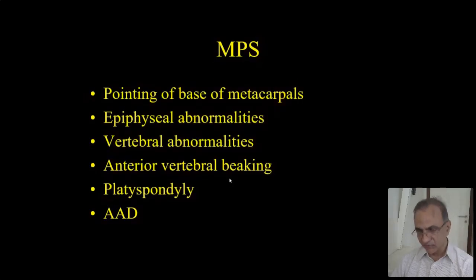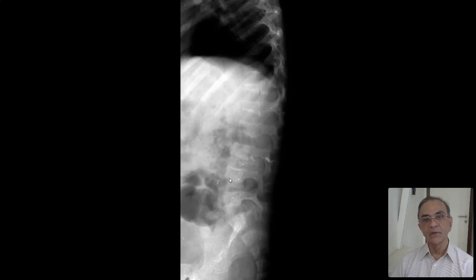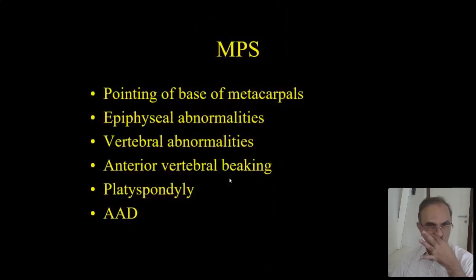And the diagnostic feature, do I have an example? No, I don't have an example. The classical appearance of Morquio's is universal platyspondyly. All vertebrae are flat. They look normal density, normal texture, normal everything, but they are flat. They also have atlantoaxial dislocation.